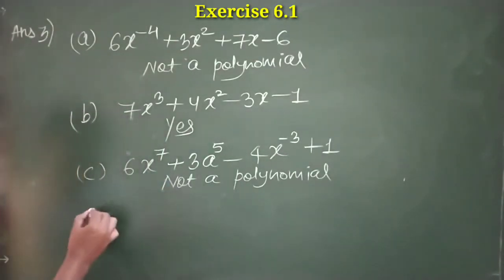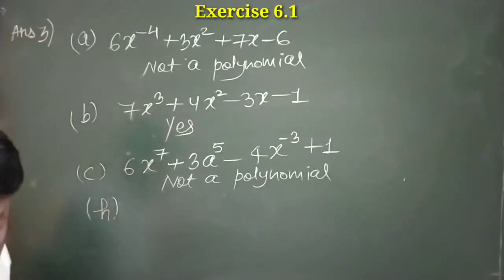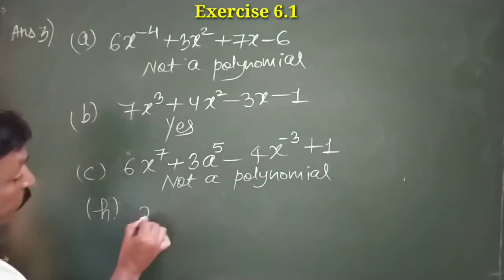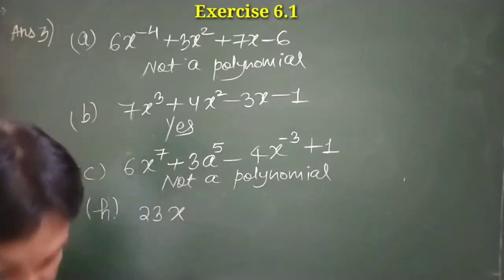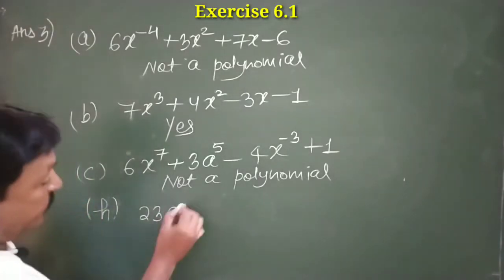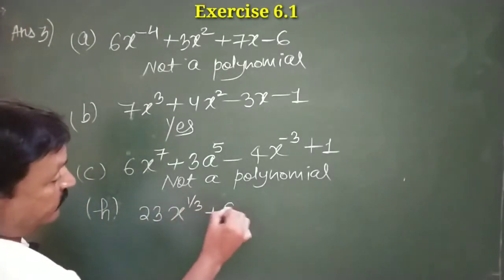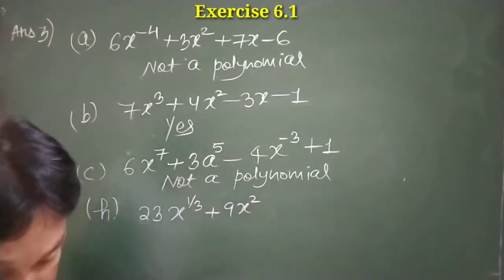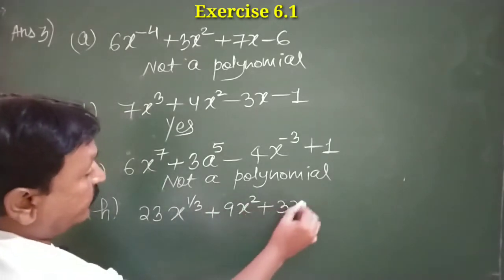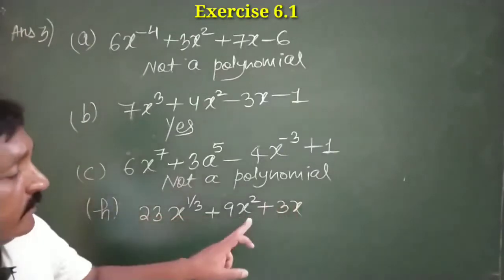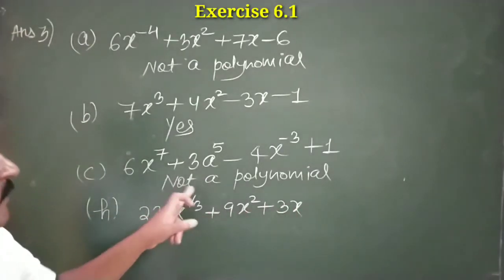See one more part, part H. In part H, 23x raised to the power 1 upon 3 plus 9x square plus 3x. Its power is 1, its power is 2, its power is 1 upon 3.